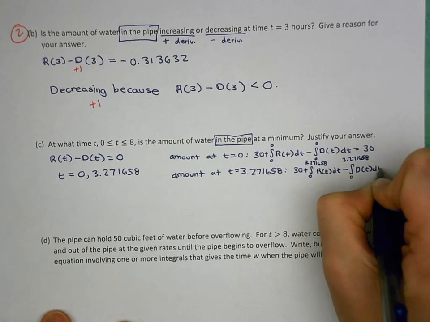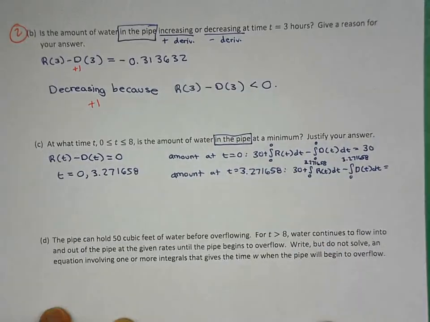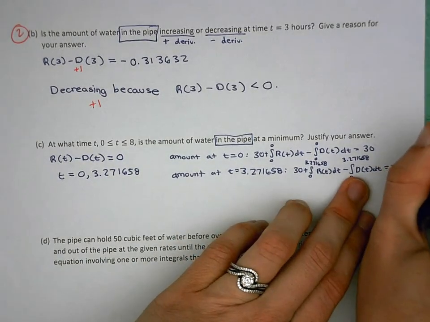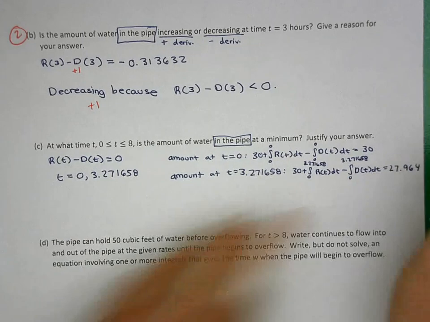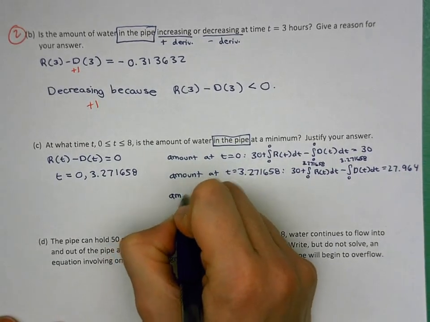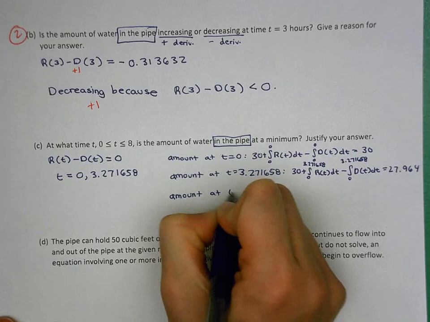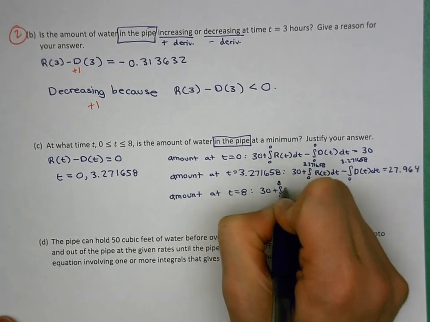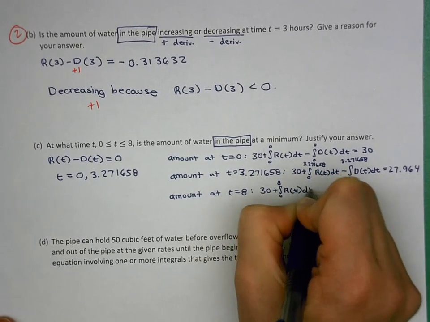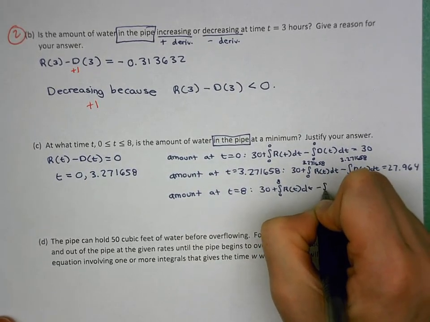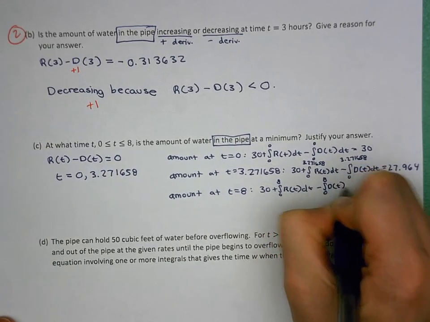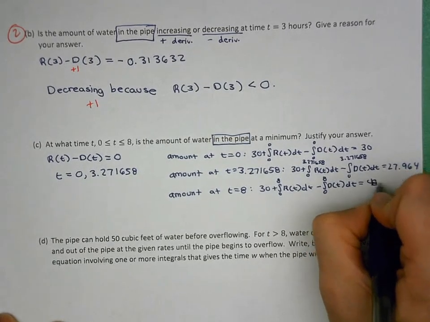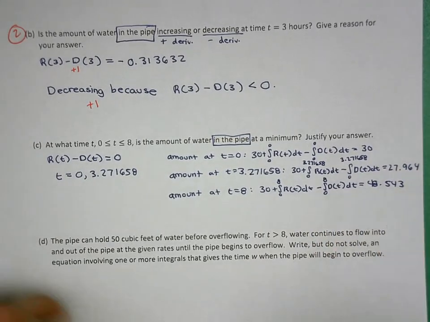Plug that into your calculator and you should get 27.964. And the amount at t equals 8 is 30 plus the integral from 0 to 8 of r of t dt minus the integral from 0 to 8 of d of t dt, which is 48.543.